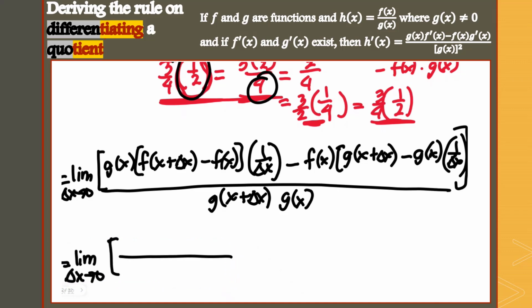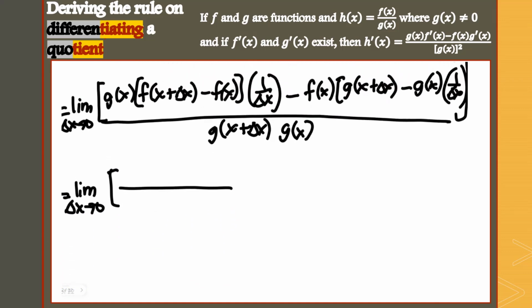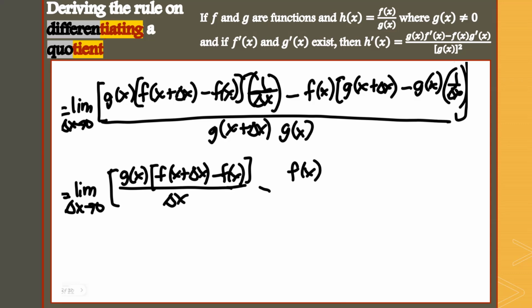Okay, the item that we were able to revise earlier, but now we return to that. G of x, f of x plus delta x minus f of x. Okay, over now delta x. As I multiply 1 to that, this would be its new denominator, minus f of x times g of x plus delta x minus g of x.